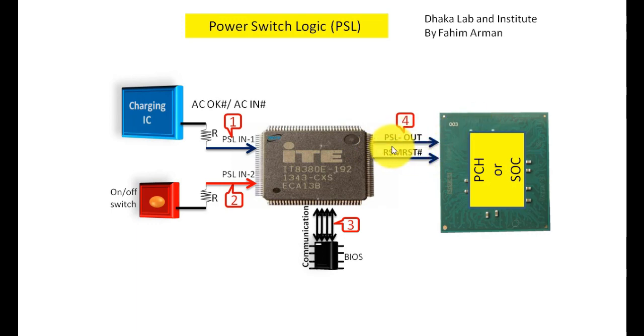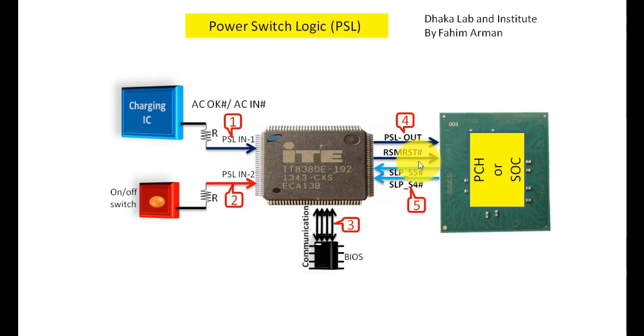Okay, then if everything is okay, after the fourth step there will be the last step, we can say, that is SLPS 5 hash or SLPS 4 hash.